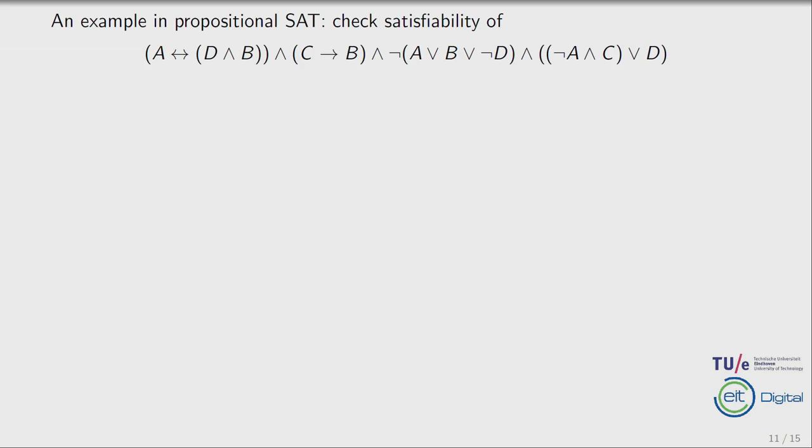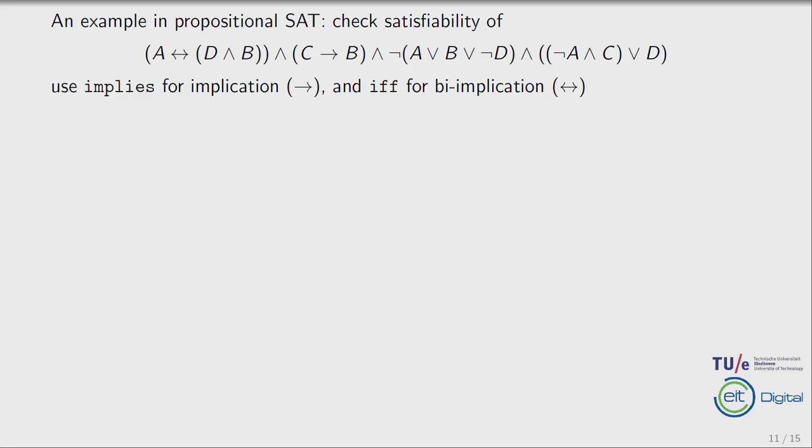Well, here we have an example in propositional SAT. We want to check satisfiability of some big formula containing and, or, negation, implication and bi-implication and four Boolean variables a, b, c and d. Well, in the syntax implication is written as implies and bi-implication by iff.